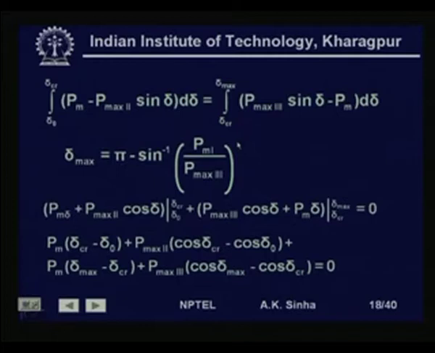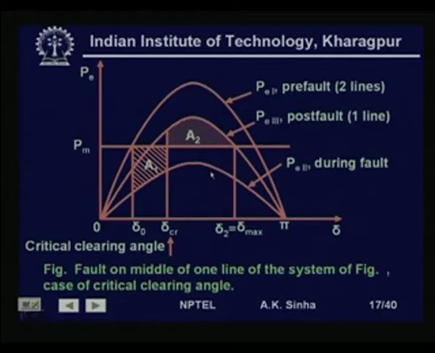So, we have got this as the decelerating area, the maximum amount of decelerating area available, because we have used delta max. Delta max is equal to pi minus sin inverse Pm1 by Pmax3, that is delta max is going to be equal to pi minus this angle, is not it? This is the angle where it is going to work, and this angle is equal to how much?